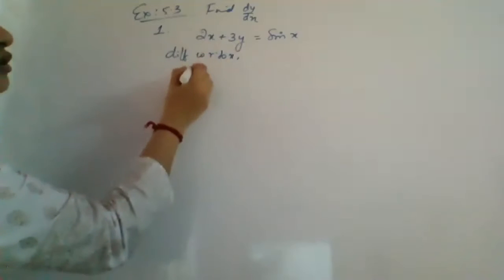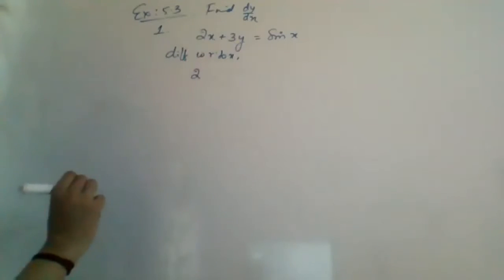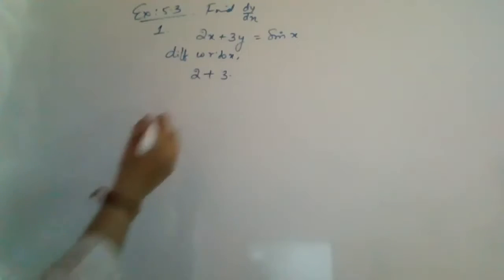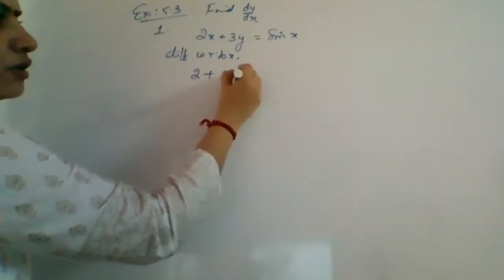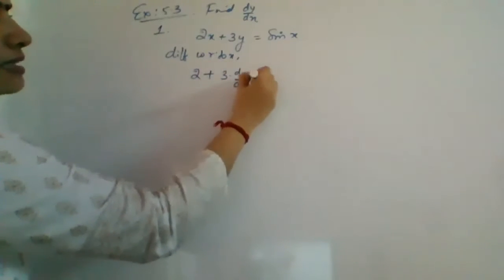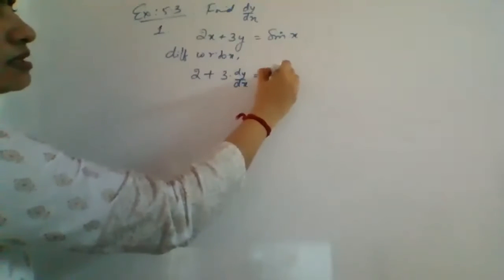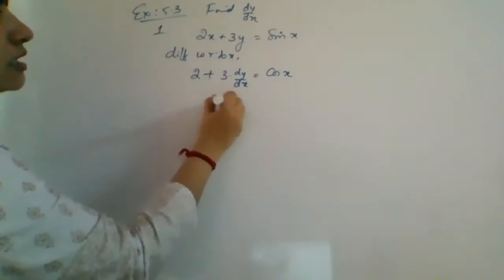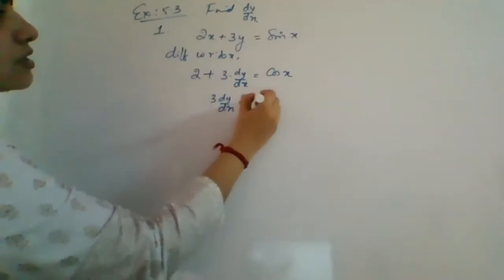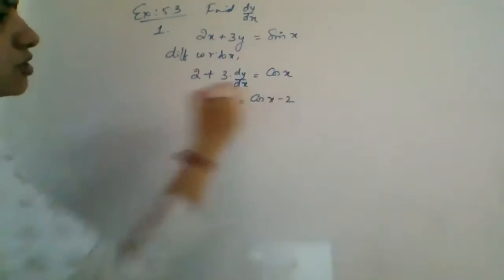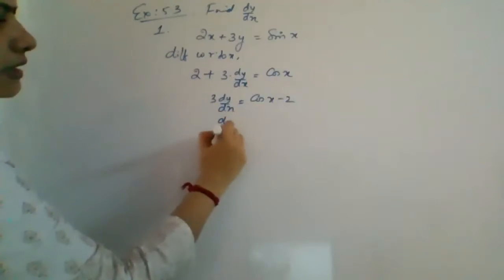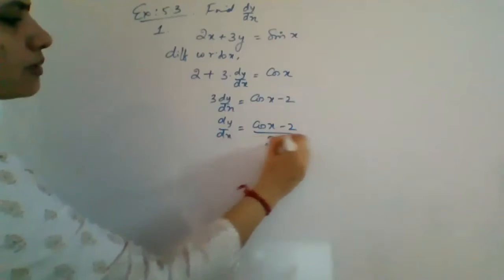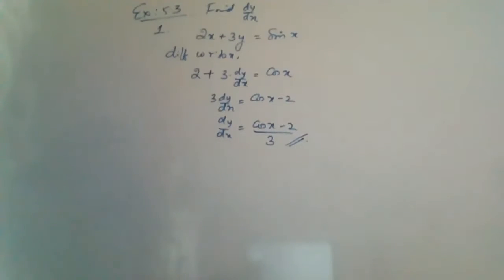So this side will give you 2 into derivative of x is 1, plus 3 into derivative of y is y dash, or you can write dy by dx, is equal to sin x, derivative is cos x. Here you will get 3 dy by dx is equal to cos x minus 2. Dy by dx is equal to (cos x minus 2) divided by 3. Is this clear?